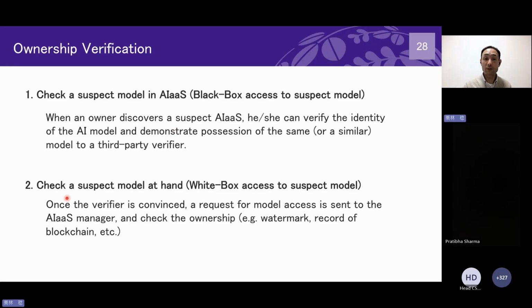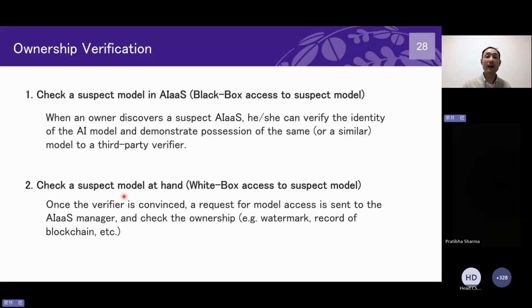The first one is a check of the suspect model in AI as a service. In this case, the model is deployed as a cloud service, so the owner cannot have access to the internal structure of the AI model. Therefore, it is black box access to the suspect model.